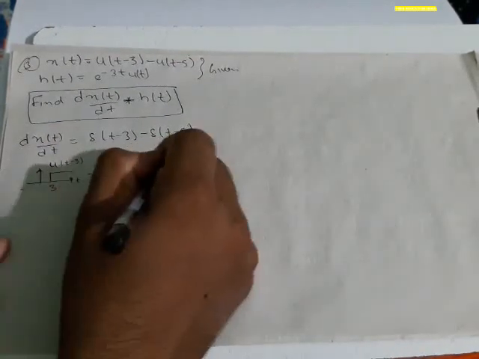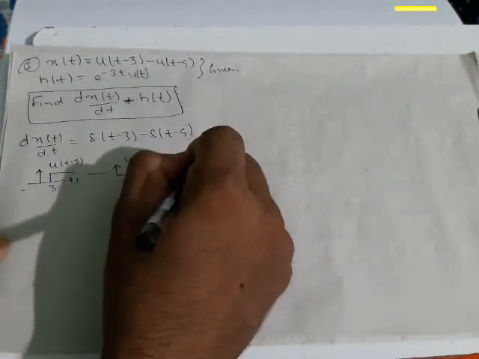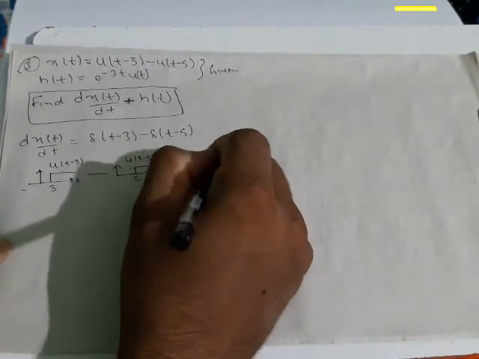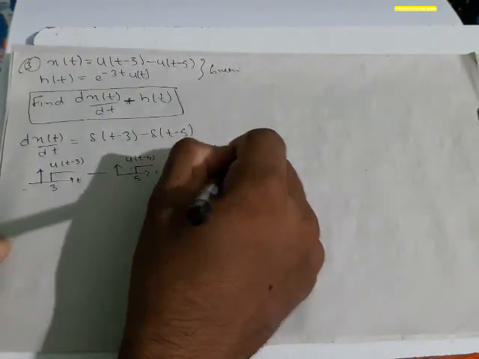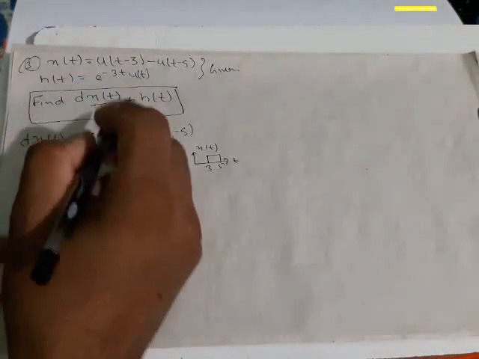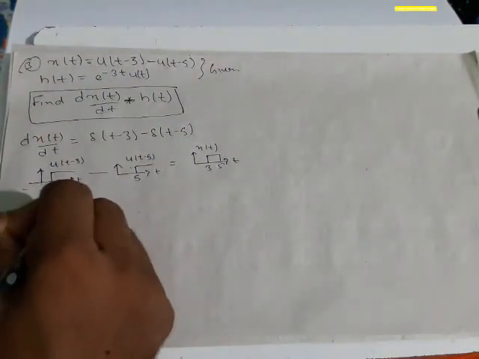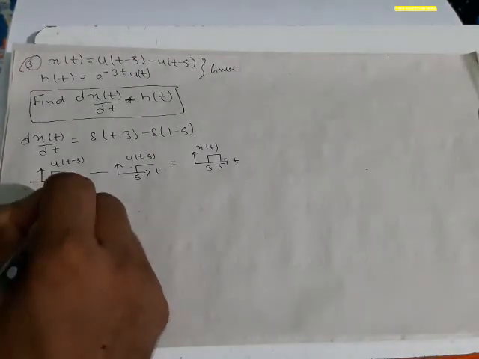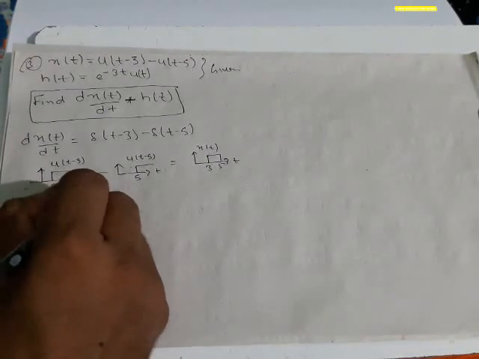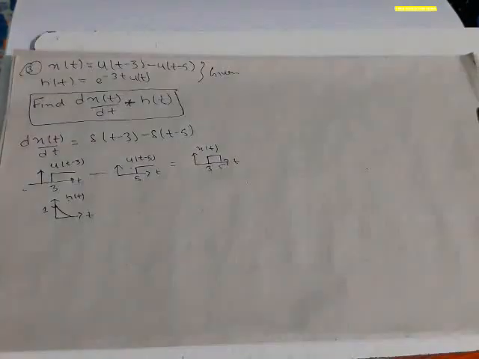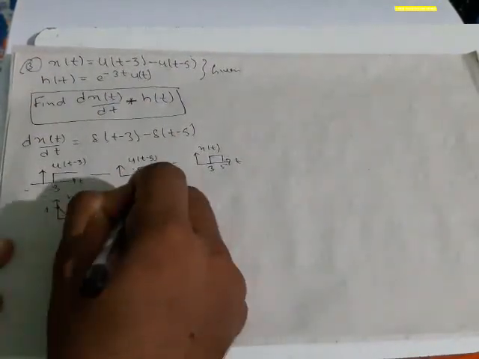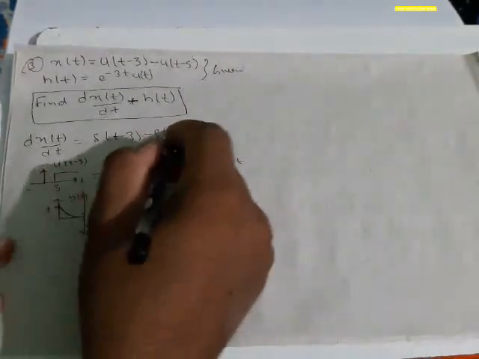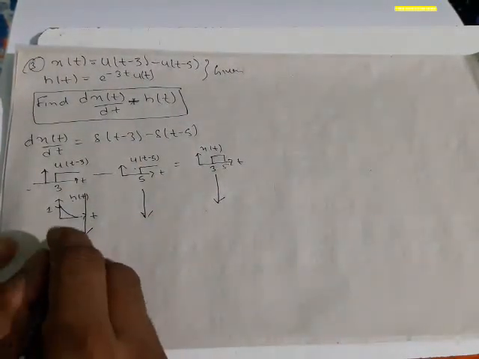So the second property is the differentiation property. It states that if x of t having order m is convolved with an impulse function having order n, then the output y will have order m plus n.